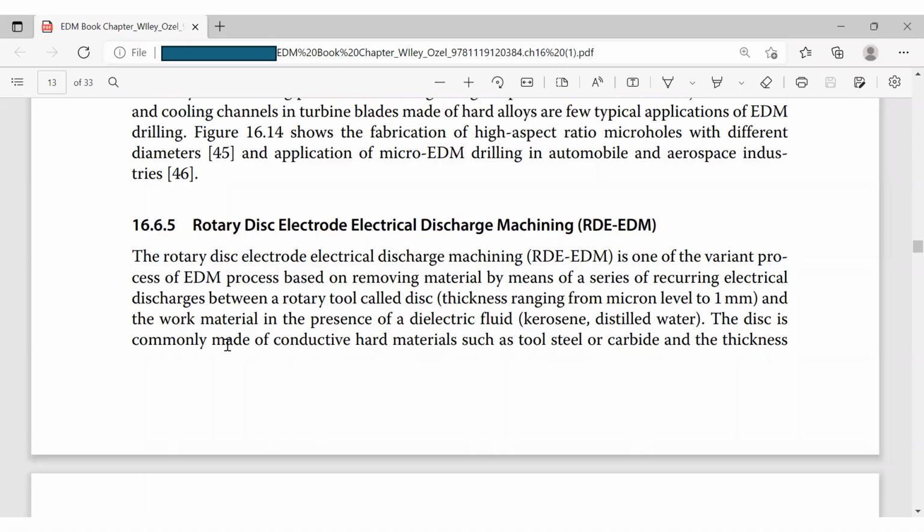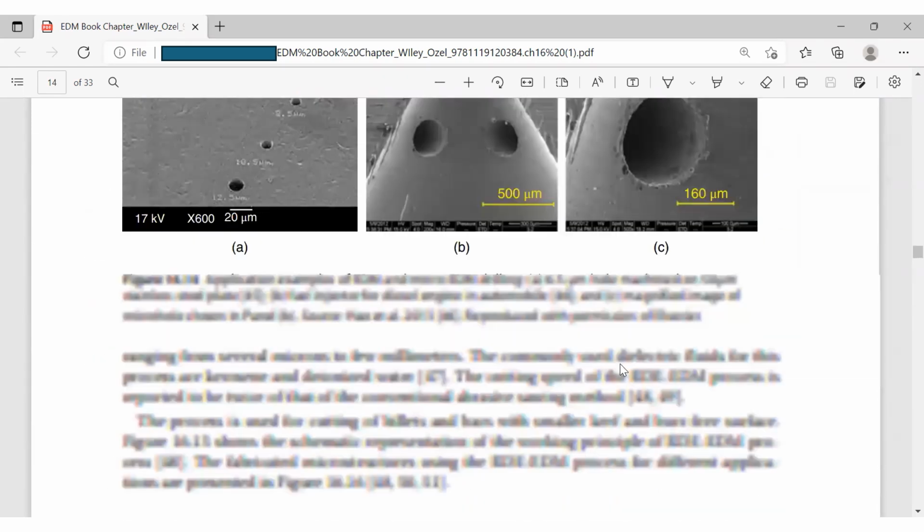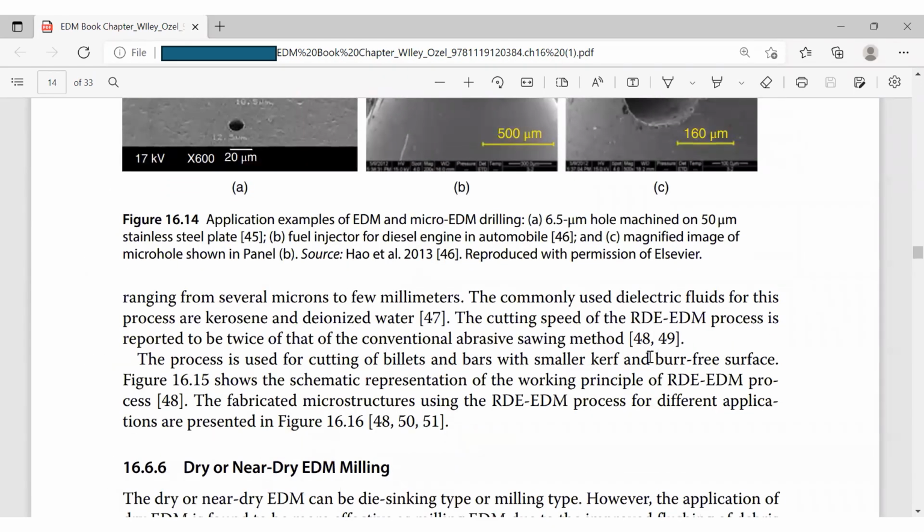The disc is commonly made of conductive hard materials such as tool steel or carbide, with thickness ranging from several microns to a few millimeters. The commonly used dielectric fluids for this process are kerosene and deionized water.